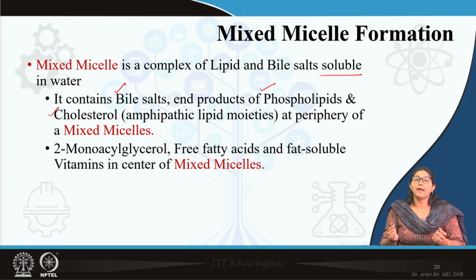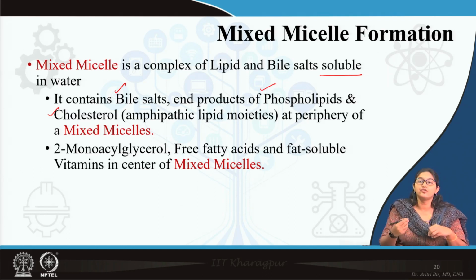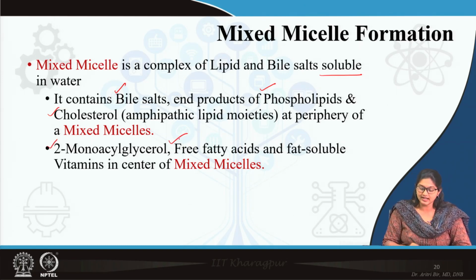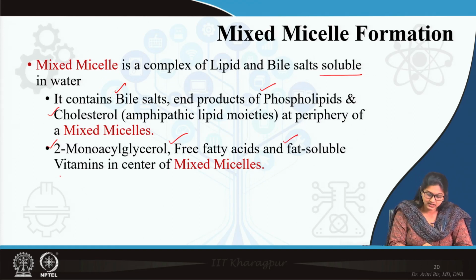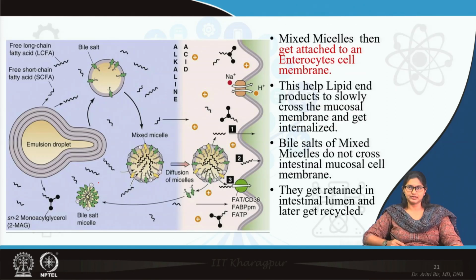These are the amphipathic lipid moieties, whereas in the center of the mixed micelle, there are more hydrophobic forms of lipids like 2-monoacyl glycerols, free fatty acids and fat soluble vitamins. So, inside the mixed micelle there is the more hydrophobic form of lipid, whereas in the periphery there are the amphipathic parts. The hydrophilic part of the amphipathic lipids is located in the periphery, as well as the bile salts.